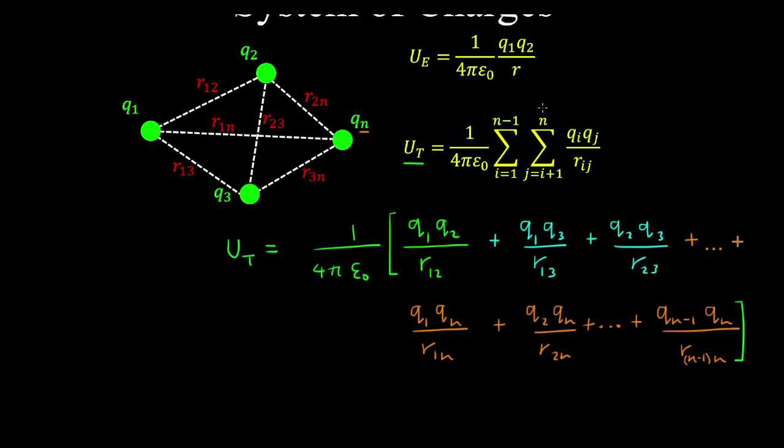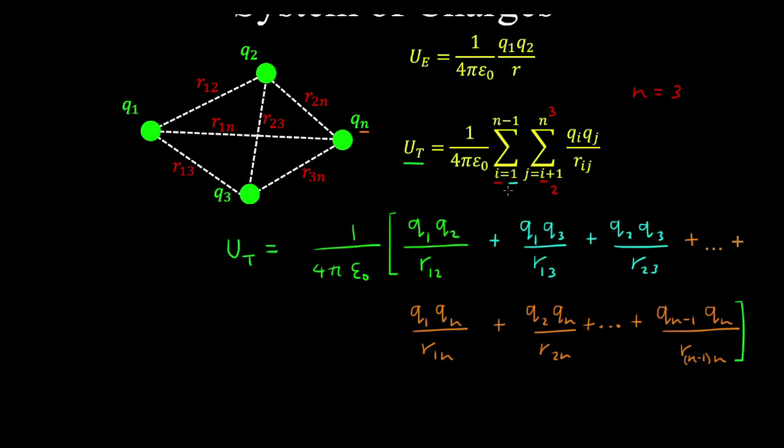Suppose we're assembling 3 charges, so n equals 3. When i equals 1, we have the sum from j equals 2 to j equals n, which is 3. Therefore we get Q1 Q2 on R12 plus Q1 Q3 on R13.